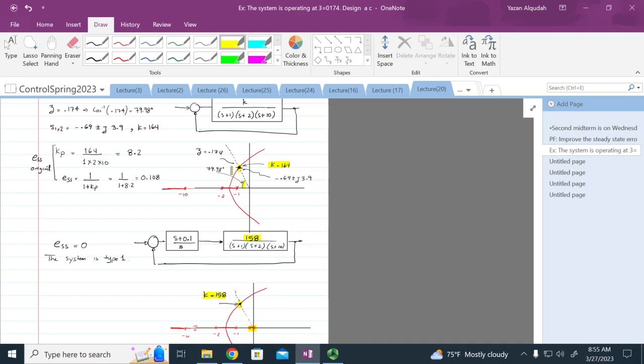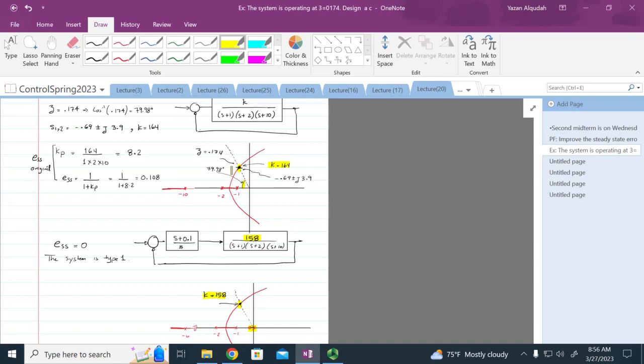Zeta has to be the same. You just find the intersection. Zeta related to K. Solve for K. So we know zeta, so we can get an angle out of that.